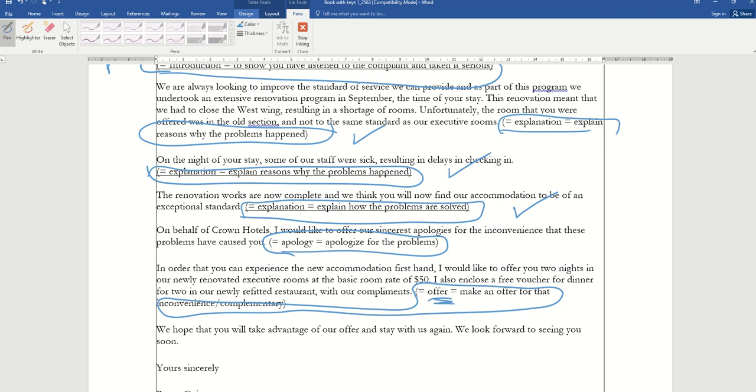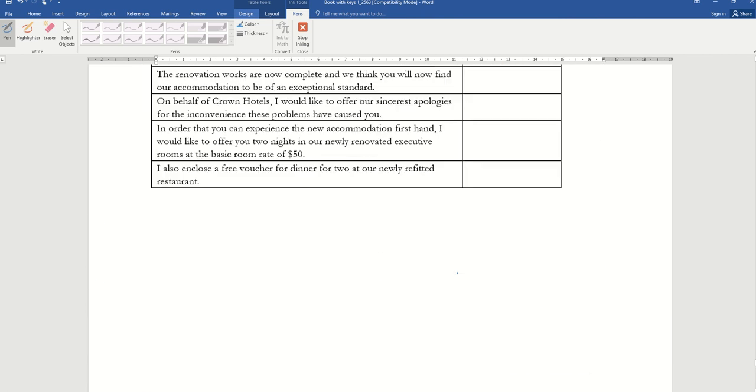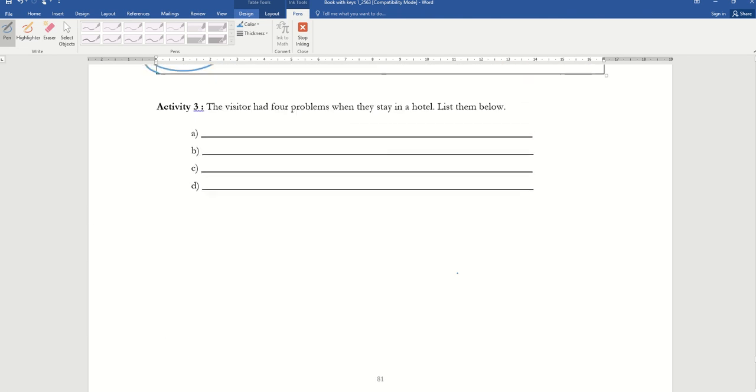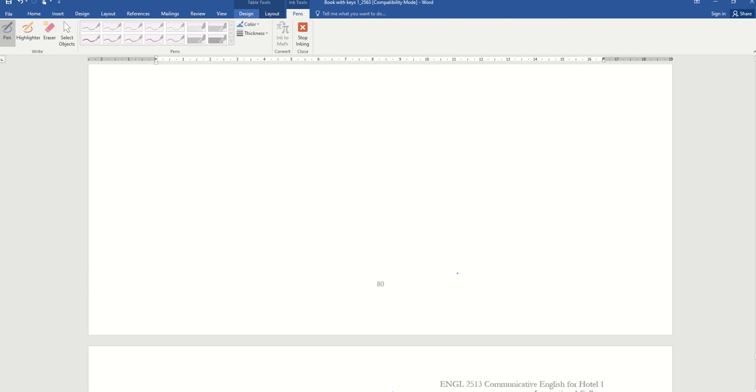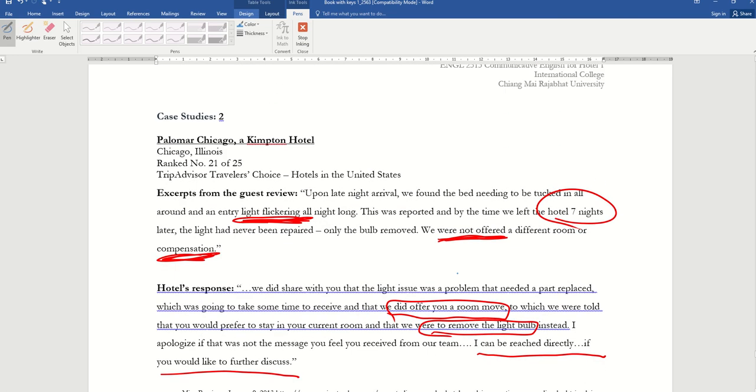But as we learned from the previous unit, it depends on the situation. And also recently I talked about the excerpt from the internet, right? Review. We need not provide any compensation if we found out that it's nothing about our or the hotel's fault. You just say sorry.